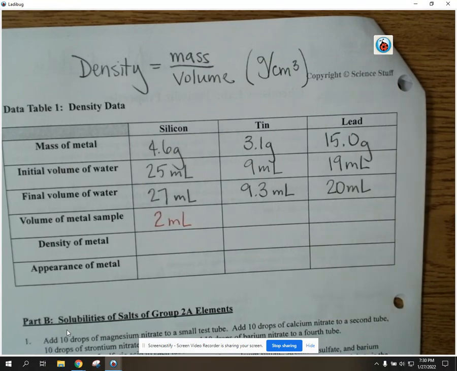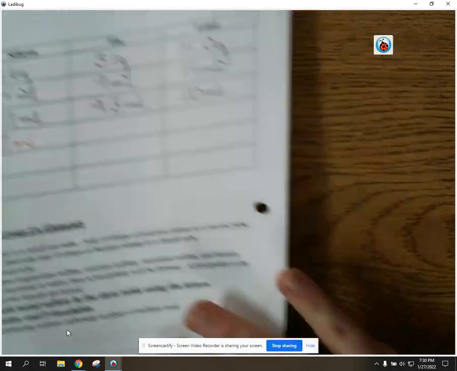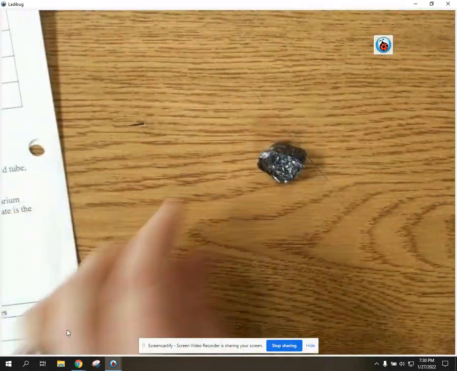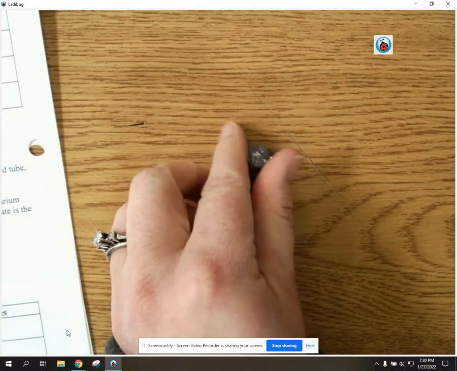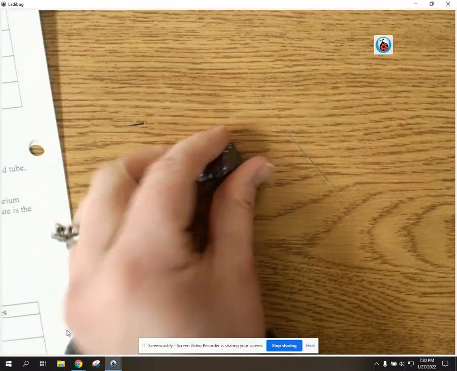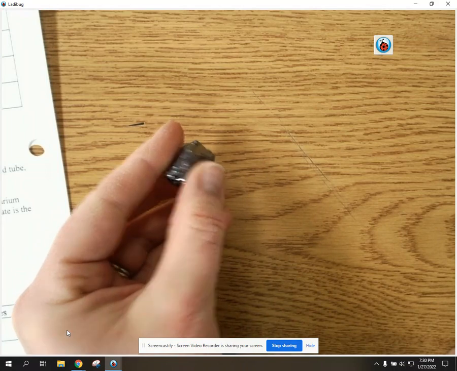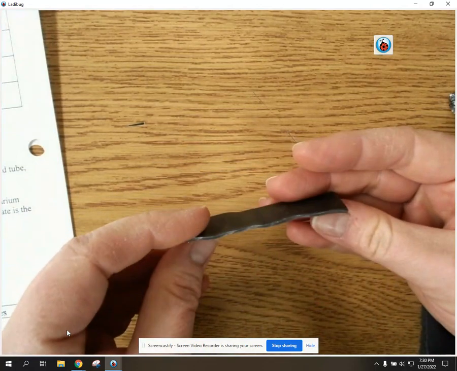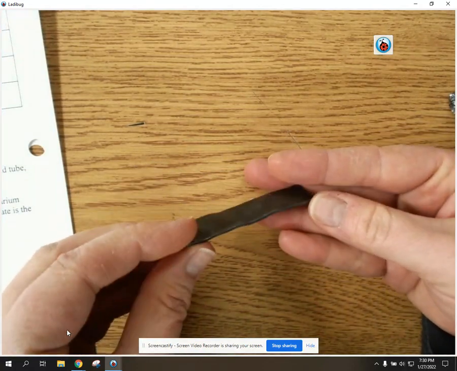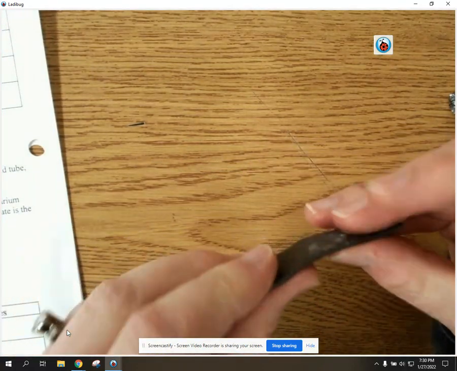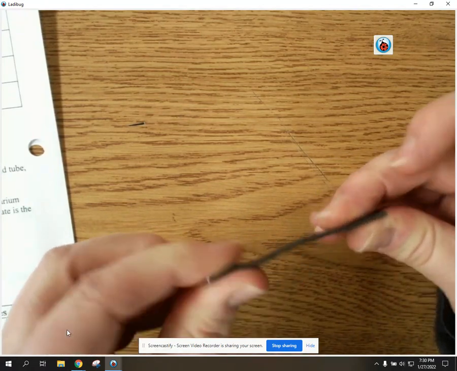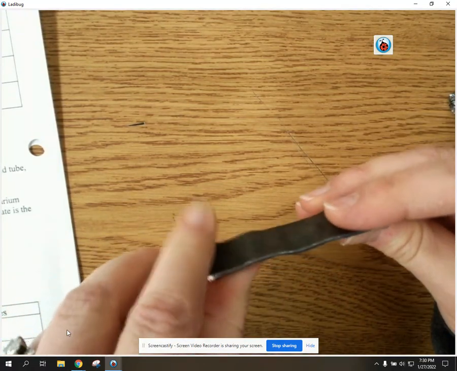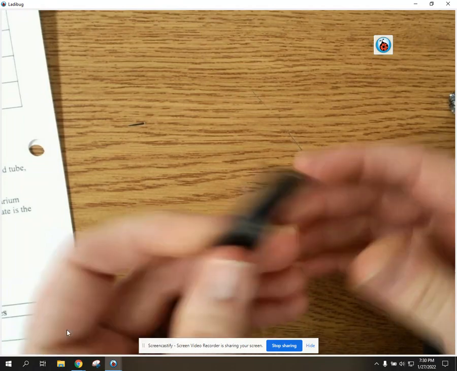As far as the metals go, this is silicon. It is shiny, as you can see. It's a little bit rough in its texture. This is lead. You can see its color right there. You can bend it, so it's a little bit malleable.